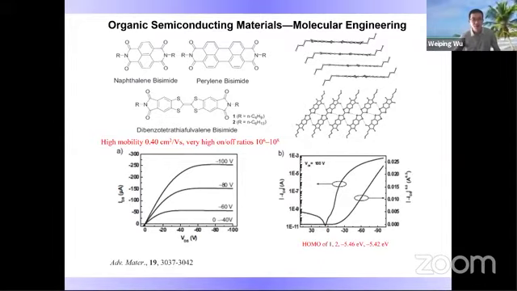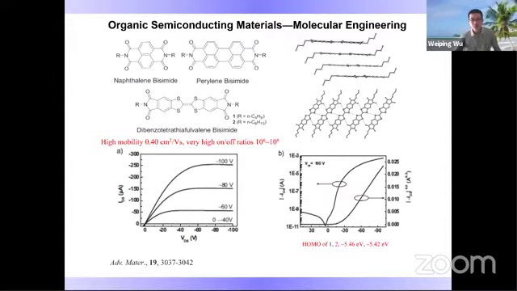Learning from this molecular structure, we have designed compound 1 and compound 2 with electron-withdrawing functional groups and long chains. We grew single crystals of these new compounds, and then formed thin films by thermal vacuum deposition.